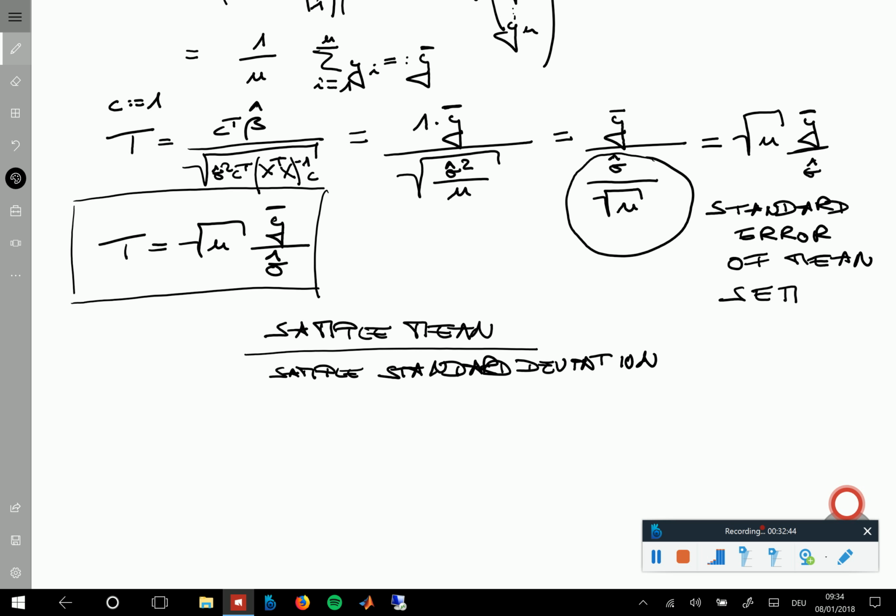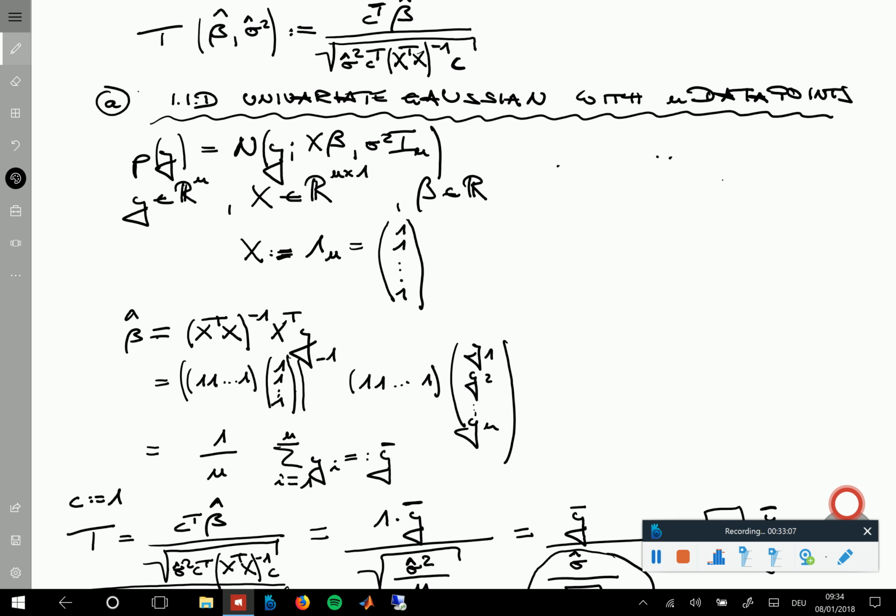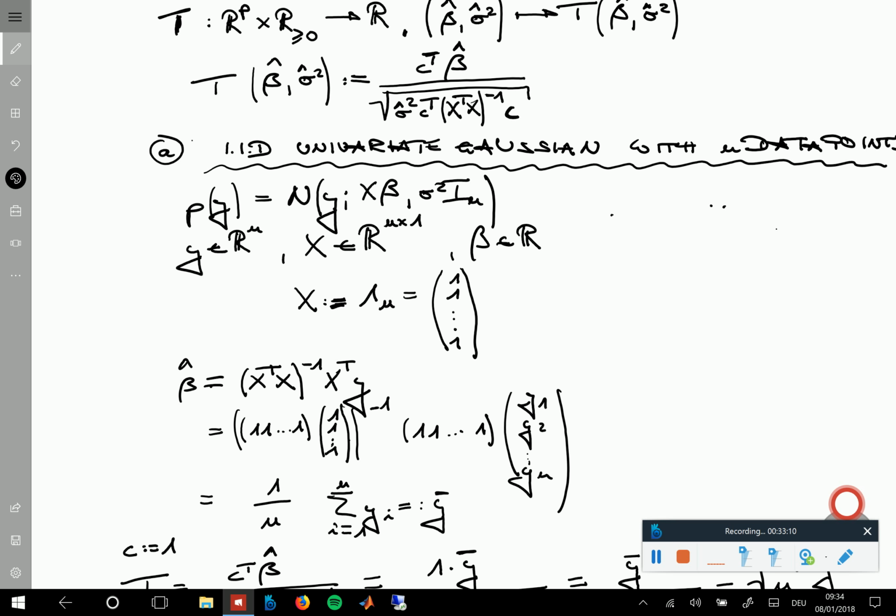But it's also quite important that you now already try to generalize this from this univariate Gaussian thing to something more general, because here the sample mean is an estimate for the true but unknown value of this Gaussian mean, so this beta parameter.